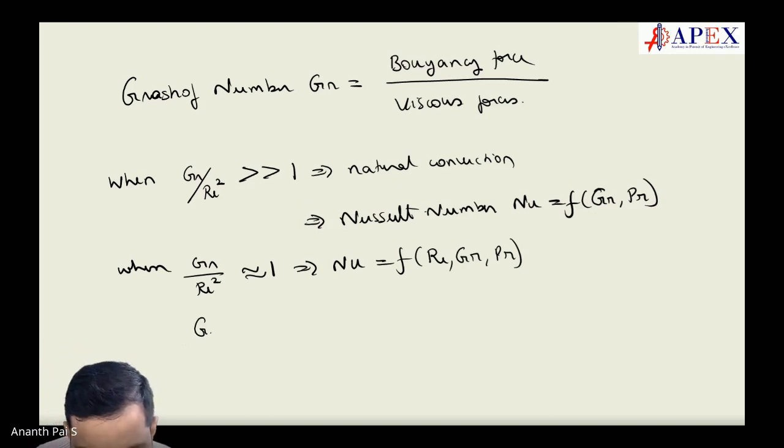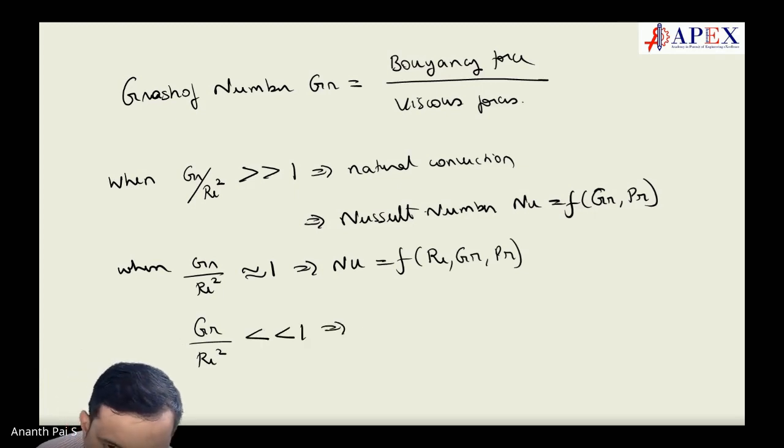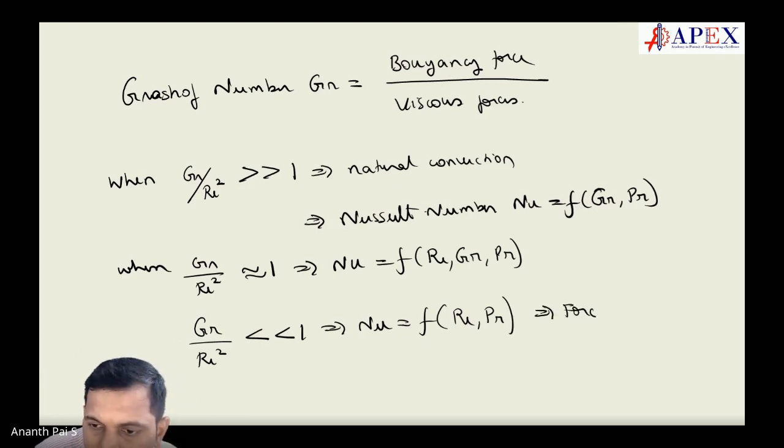And when GR by RE square is much less than 1, Nusselt number is a function of Reynolds number and Prandtl number, which gives forced convection.